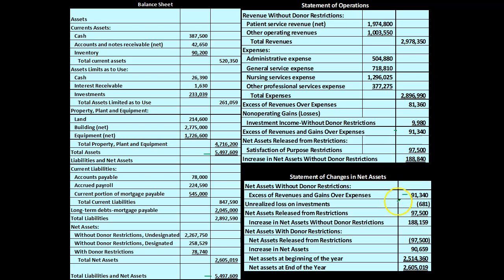And we can see that the bottom line number on the net assets at the end of the year is going to be tying out to the net assets section of the balance sheet. So those are some of the checks that you can go through as you start to put together or analyze financial statements.